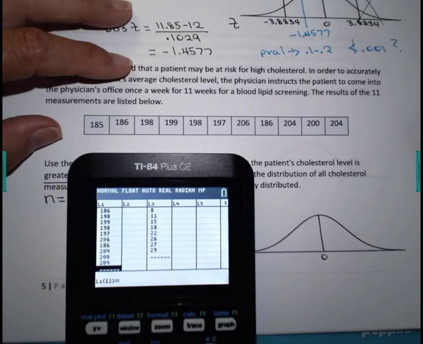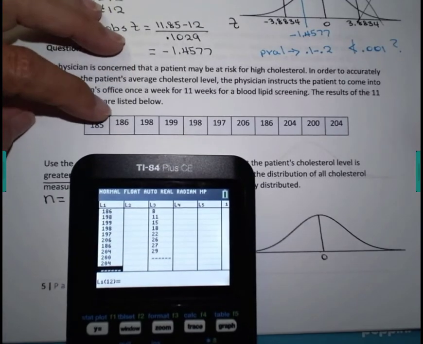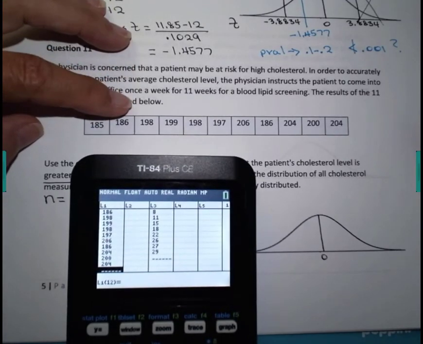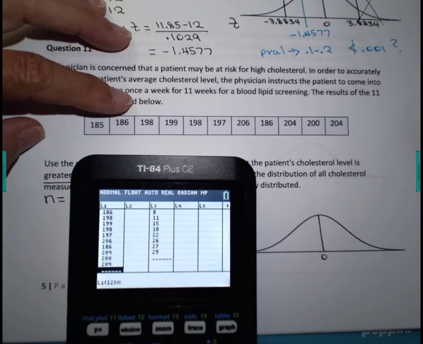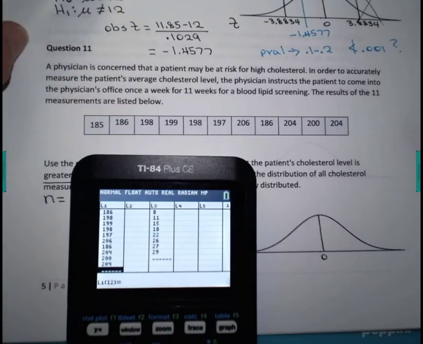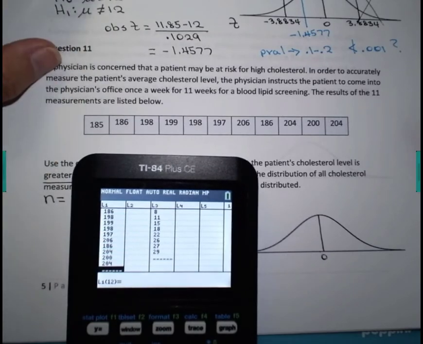It's always a good idea to check these things after you put them in there. 186, 198, 199. Okay, so it looks right. Hopefully I got them right. And I have 11 of them.